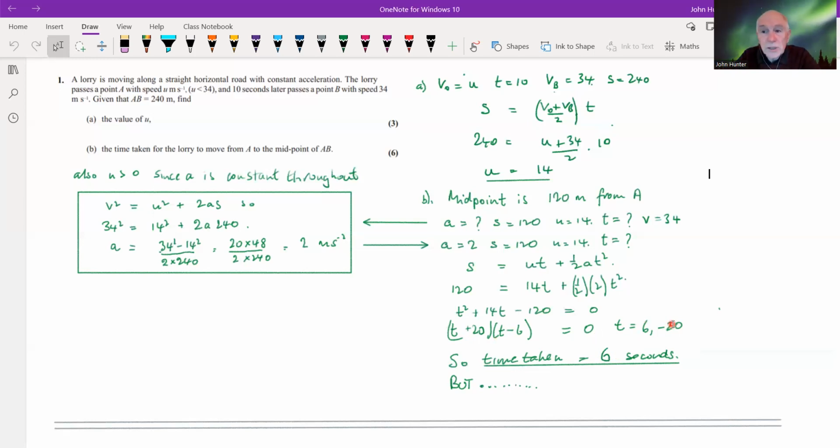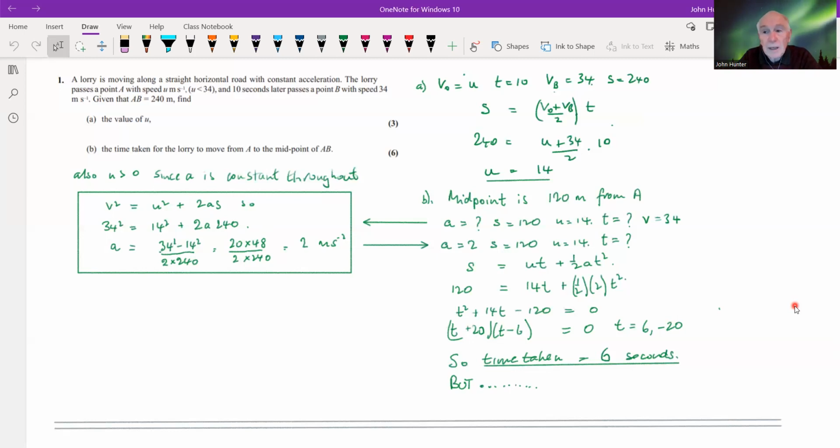Now, in other situations, it may be relevant. Just because it's negative, it doesn't necessarily mean it's not relevant in all situations. t equals 0 is just a reference point in time. So time does exist before t equals 0 in your problem.